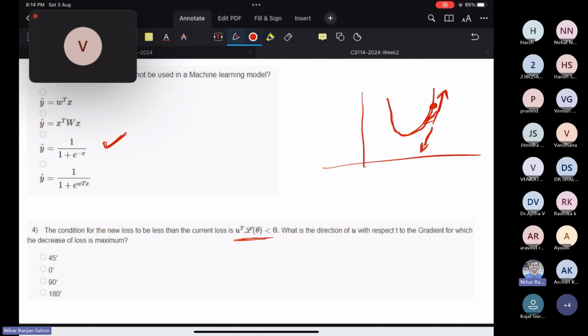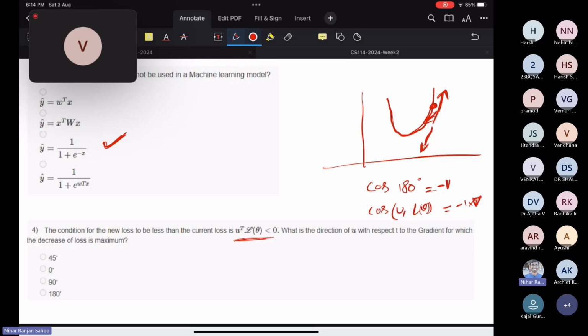Why is this happening? You can understand it from the nature of cos. Cos 180 degrees is minus 1. So if you want the cosine of the angle theta between U and L, and it is 180 only, the reduction will be minus 1 times the delta value. So here the reduction will be the highest.